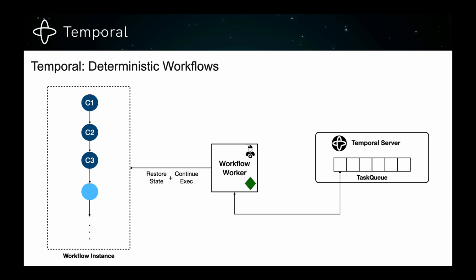The worker is going to read the workflow task, which includes a lot of things like events that allow us to restore the current state of our workflow execution before those commands were sent to the server, and instructions on how to proceed the execution of the workflow instance.